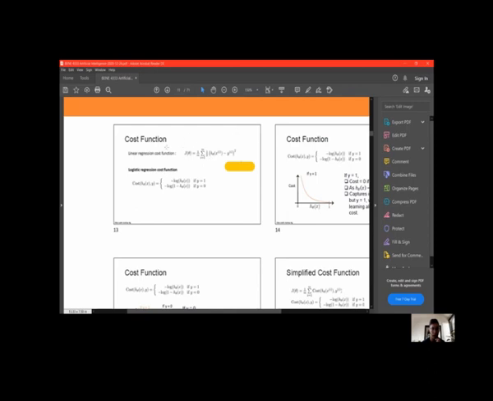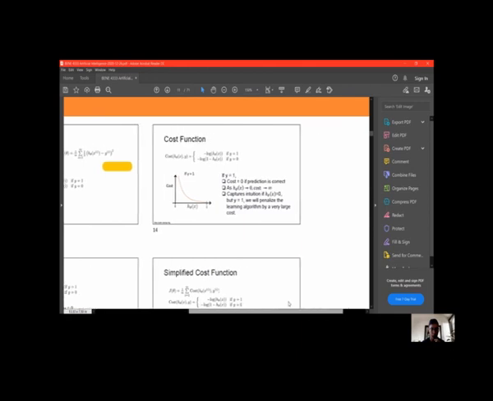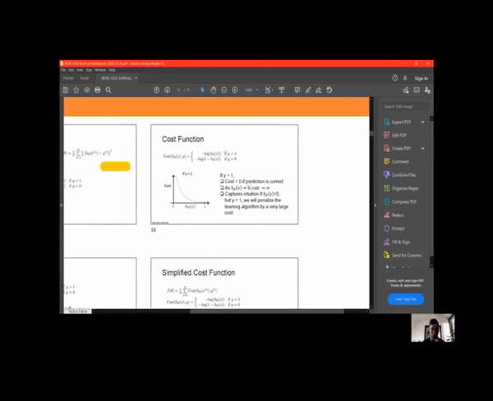There are two types of logistic regression cost function, which are negative log h of x if y is equal to 1, and negative log 1 minus h of x if y is equal to 0. Let's see the first one, if y equals 1. If y equals 1, the cost equals 0 if the prediction is correct.